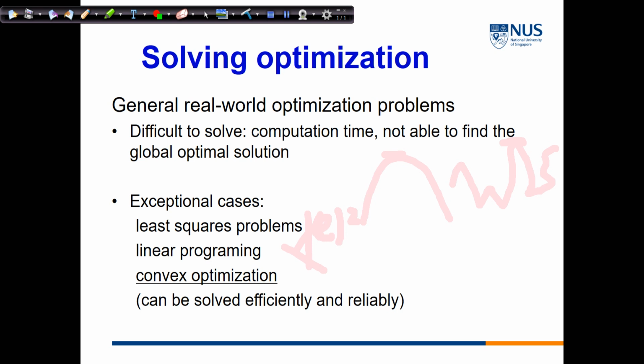It means both the constraint and objectives are linear. Or more broadly, convex optimization. So this concept we will introduce. What is convex? But remember that those types of problems are very good to be solved efficiently and reliably.